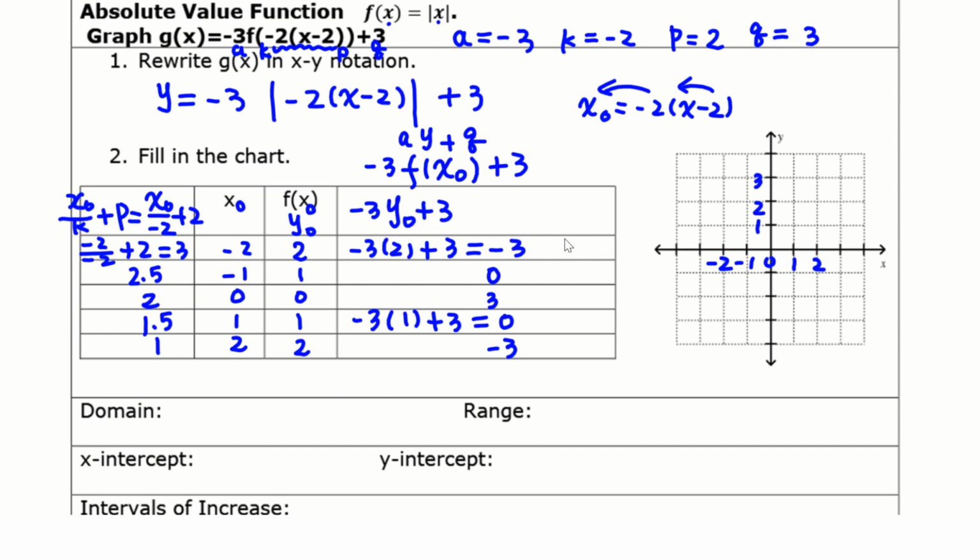The first point is 3, comma, -3. The new x and y. The next one is 2.5, 0.